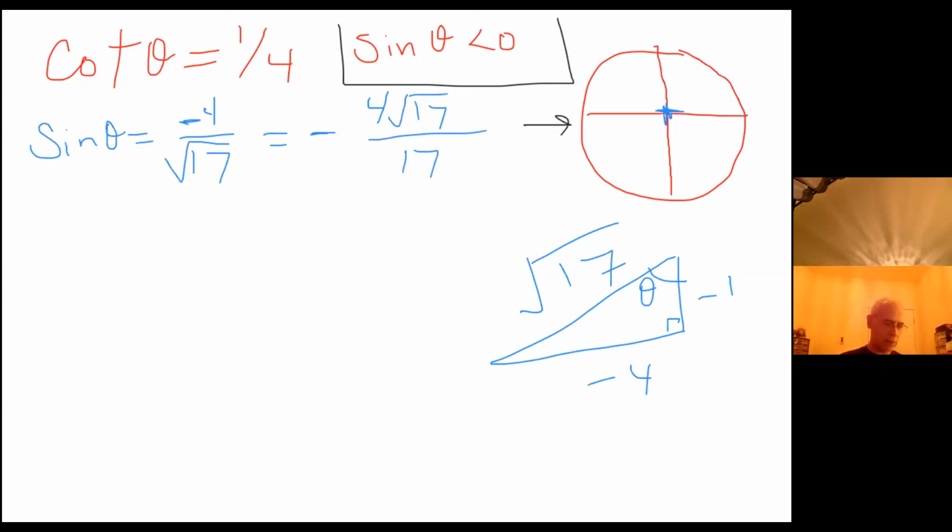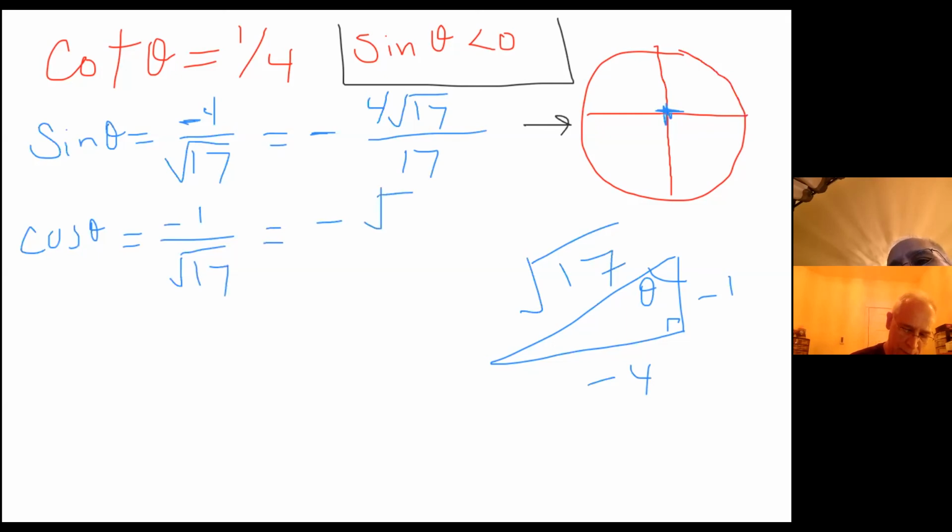What is cosine of theta? Cosine theta is adjacent over hypotenuse. So I have -1 over square root of 17, which is the same as minus square root of 17 over 17, rationalizing the denominator.